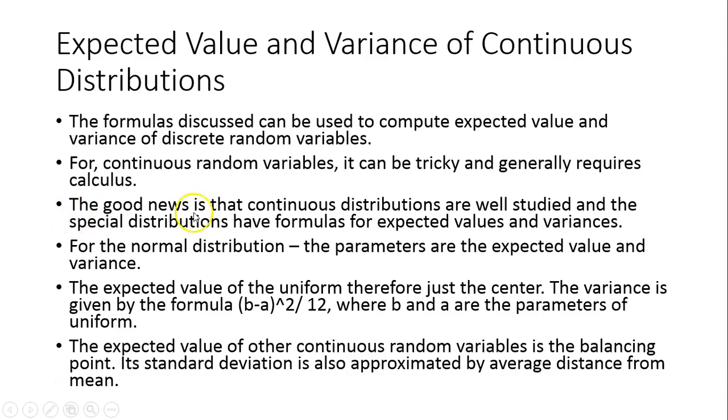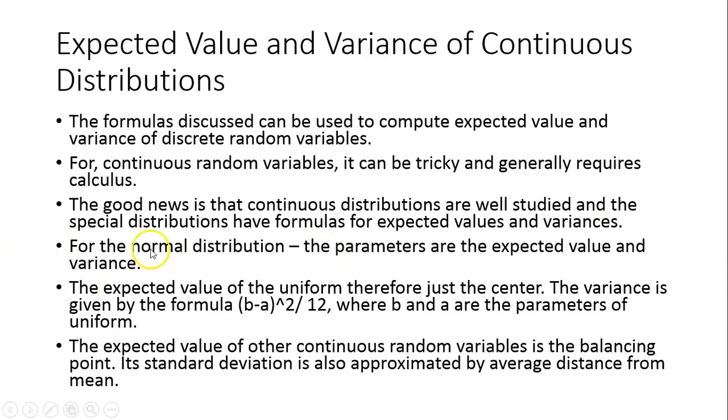The good news is that continuous distributions are well studied, and the special distributions have formulas for expected value and variances. And these formulas are based on the parameters, right? To give you an exact distribution, you need parameters. So you plug in the parameters, and the formulas will spit out expected value and variances, okay?